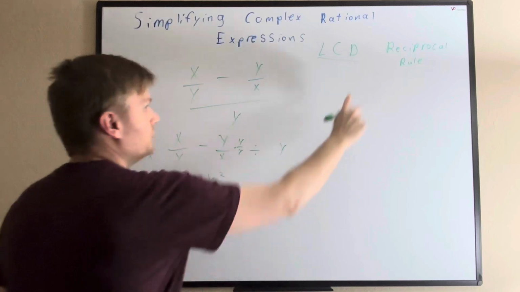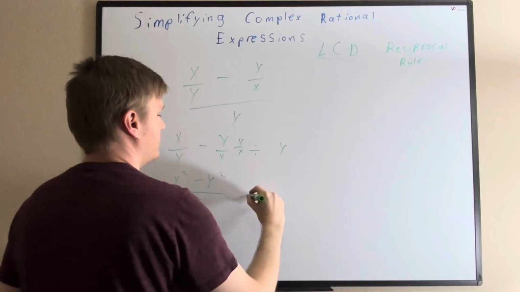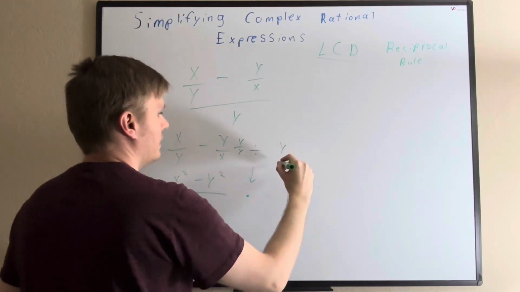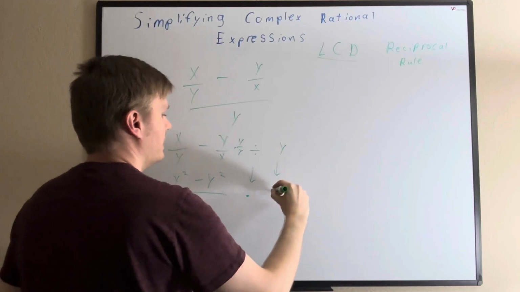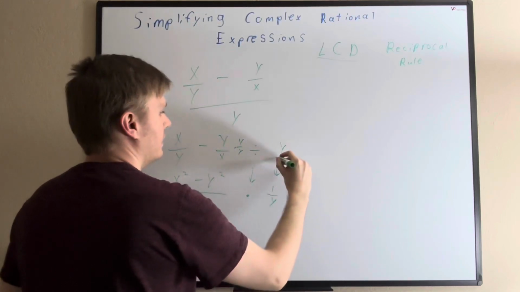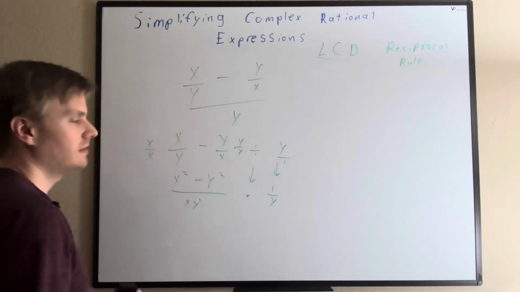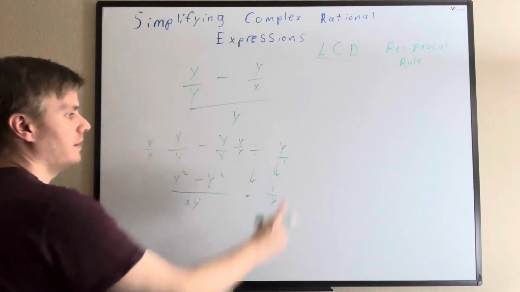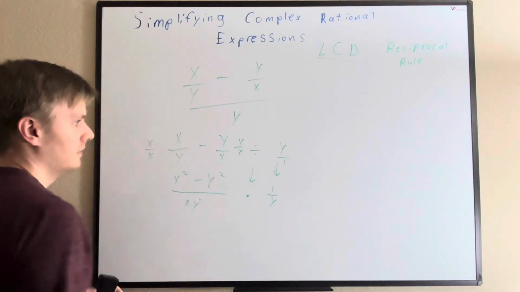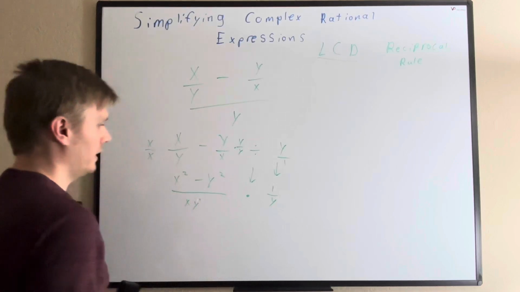Now, reciprocal rule. Change that to multiplication only if this is flipped. There's an everything understood to be divided by 1. So when we flip it, it'll be 1 over y.